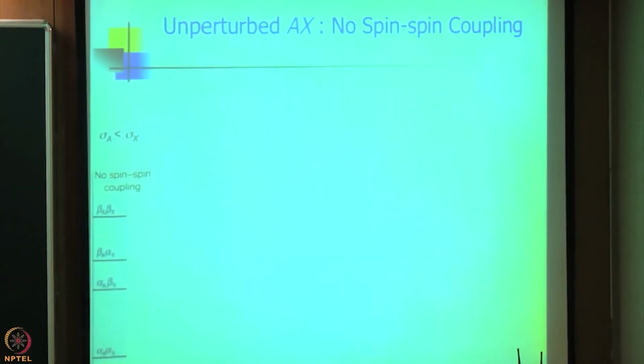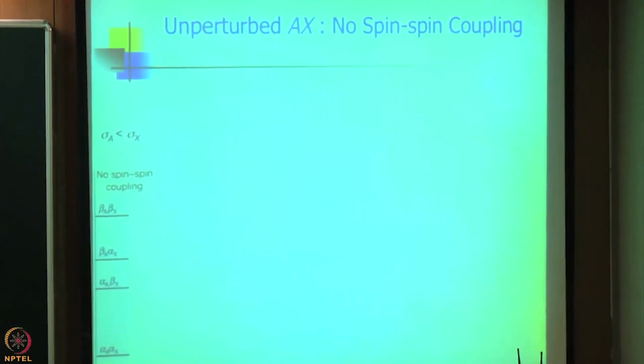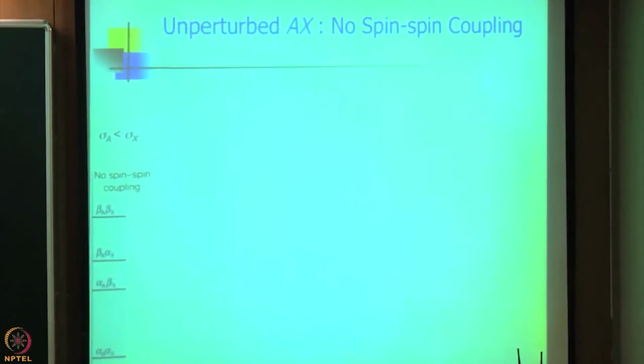What is the most unfavorable, most highly energetic situation? Both A and X have beta spins, and there will be 2 intermediate situations, A has alpha spin, X has beta spin, and the reverse.